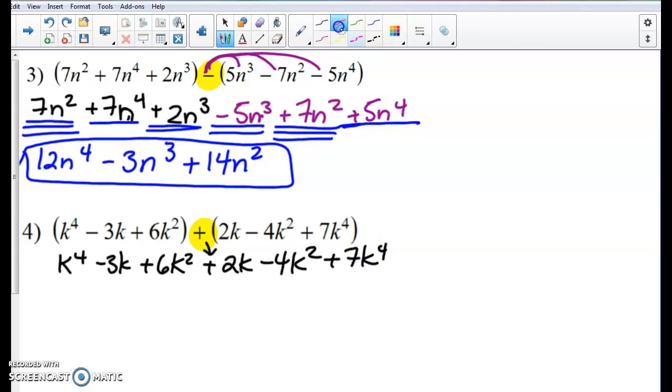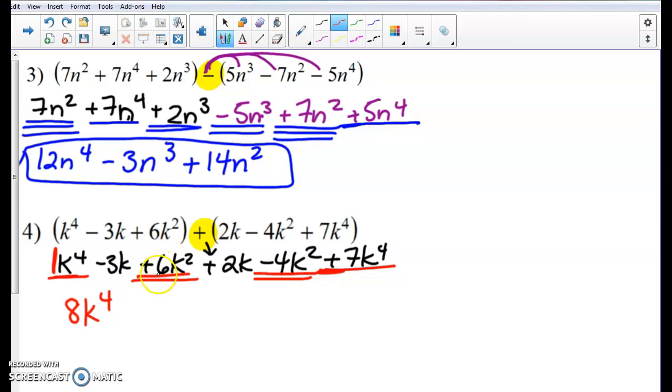So once again, we're going to start with the highest exponent. If you look across all of these, it's my k to the 4th and plus 7k to the 4th. So we have to remember this guy has a hidden 1 in front of it because I do have 1k to the 4th. Plus 7k to the 4th gives me 8k to the 4th. Now we look through here, my next highest exponent is plus 6k squared minus 4k squared.